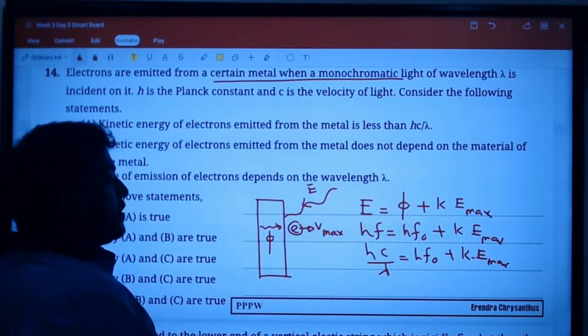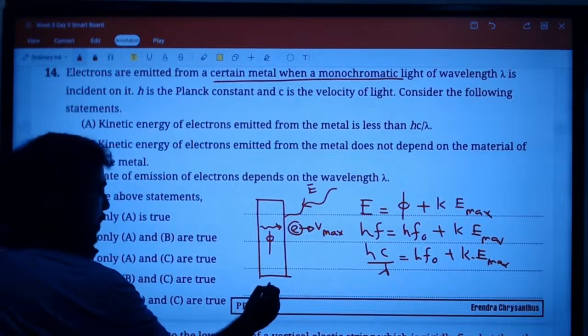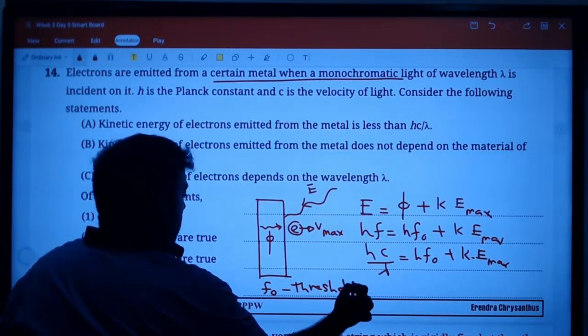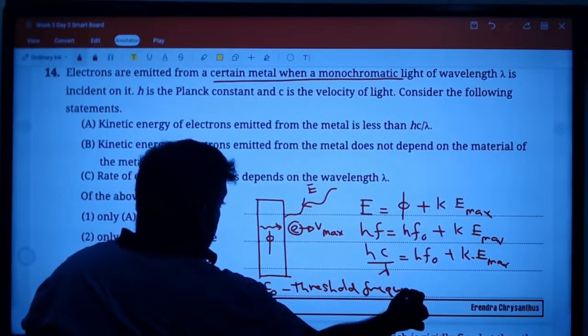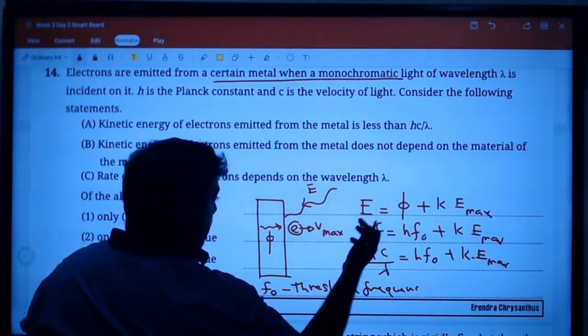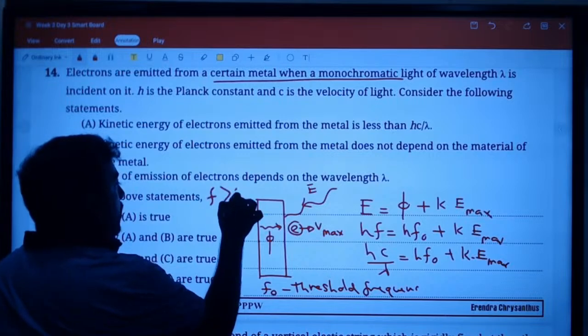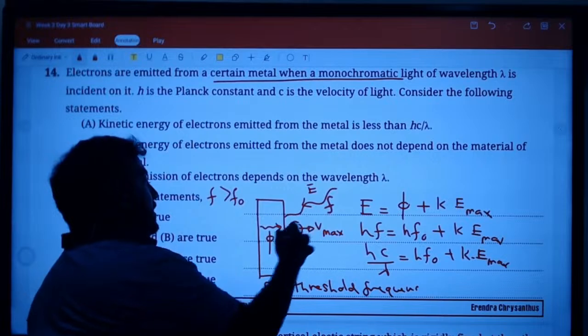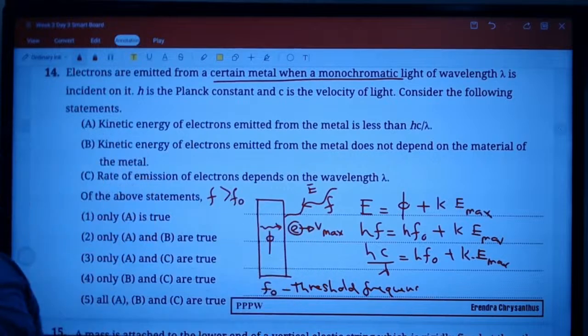So these are usual symbols. f naught is your threshold frequency. We have talked about this. Only after a particular frequency, electrons are emitted. Incident frequency should be greater than threshold frequency for photoelectrons to be emitted.